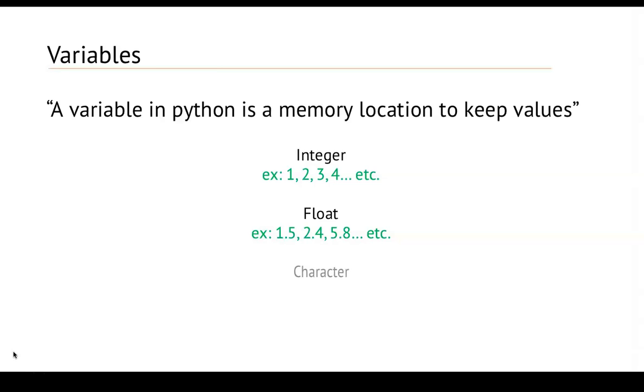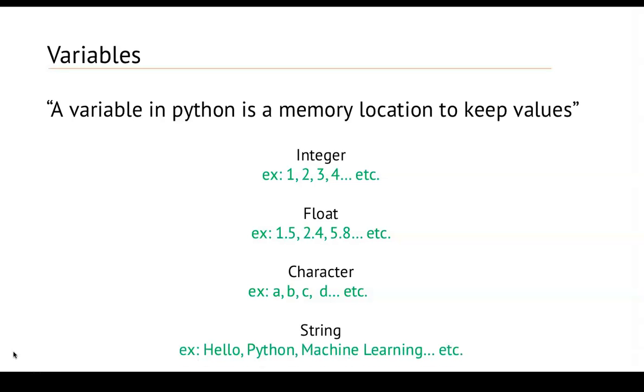It can also be a character, for example A, B, C, D, etc. It can be a sequence of characters also, that is called a string. For example, hello, Python, machine learning and so on.